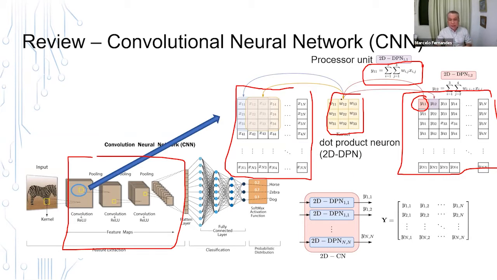We need several methods like that, and we have a two-dimensional convolutional neuron.